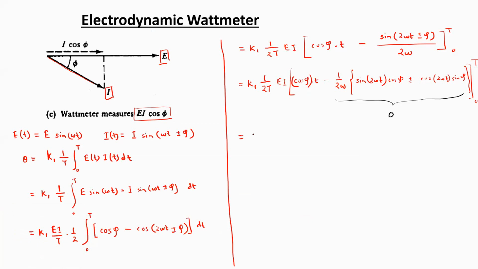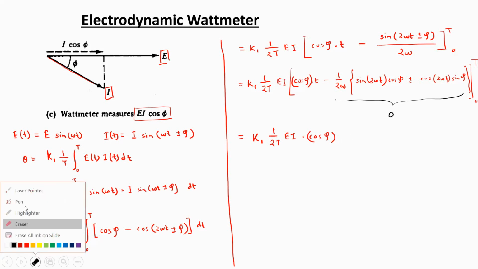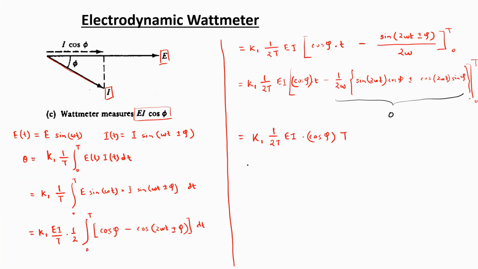What I have left is 1 by twice t, E I into cos phi into capital T. So this t and this t will cancel out, so we will have k1 into E I divided by 2 cos phi, and furthermore we can rewrite it as E RMS I RMS into cos phi, just dividing this portion E by root 2 and I by root 2, replacing them in terms of the RMS representation.